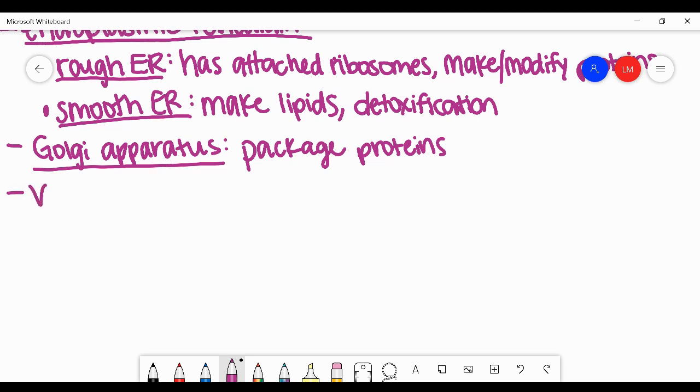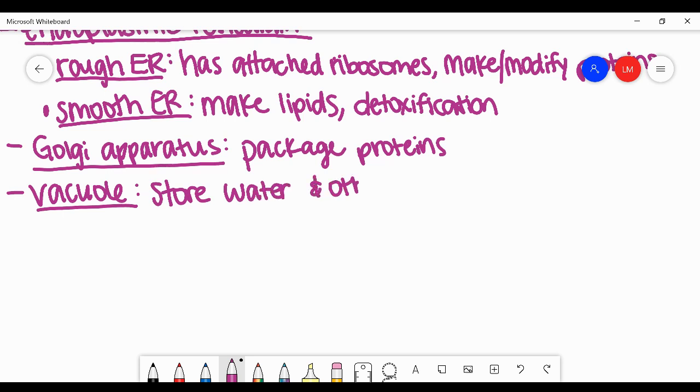Next is the vacuole. Vacuoles store water and other materials. Could be extra nutrients, could be waste, but at any rate, they store water and other materials.